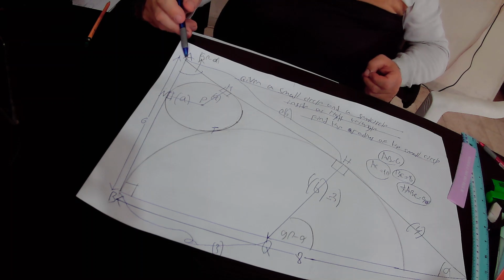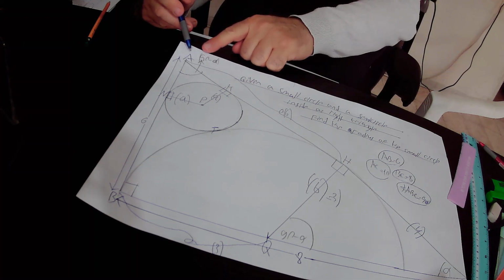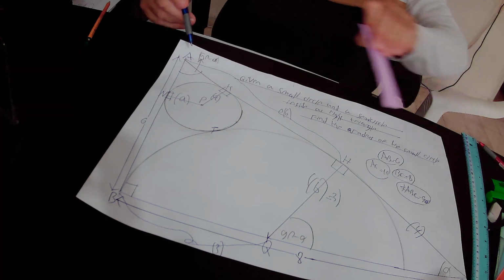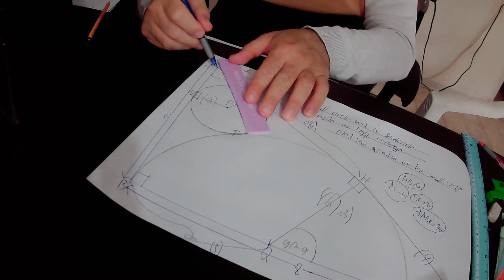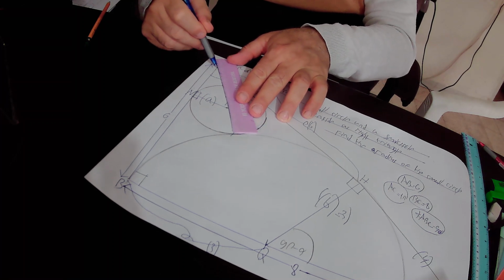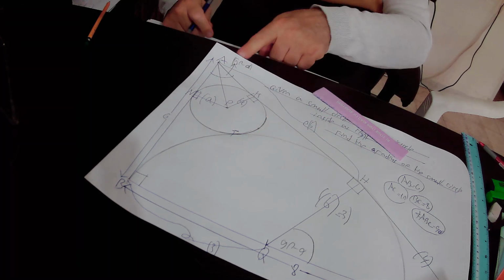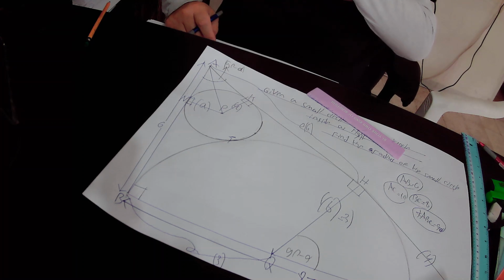So, I will draw the angle bisector of this angle A, and we know that the angle bisector of angle A must pass through point B. So AP is the angle bisector of this angle A, and it passes through point B, that is the center of this small circle.